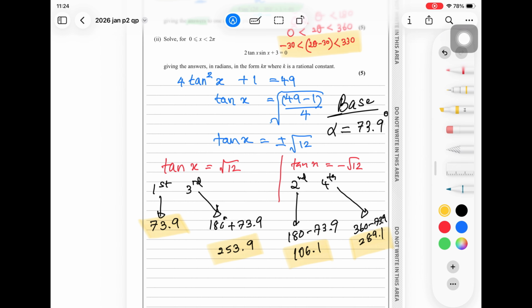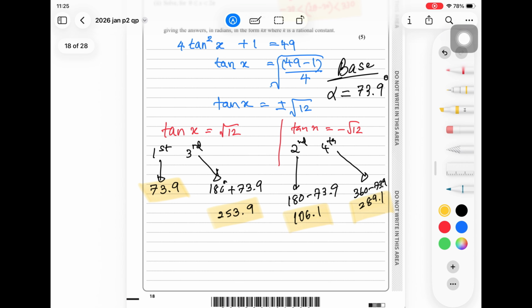We know tan repeats every 180, but if we go beyond that, it's going to exceed the given range, so we can stop our solutions at this level. So these are our final answers for the x values. But the real question doesn't ask you for the x.